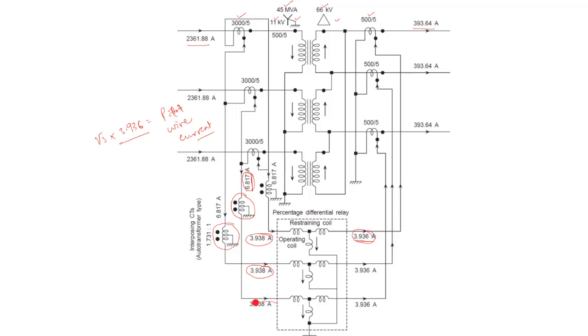Therefore the currents in the pilot wire are balanced, and your spill current will become almost 0. So this is how we design the percentage differential relay. This percentage biasing can be adjusted based on the number of turns in the restraining coil and the operating coil.